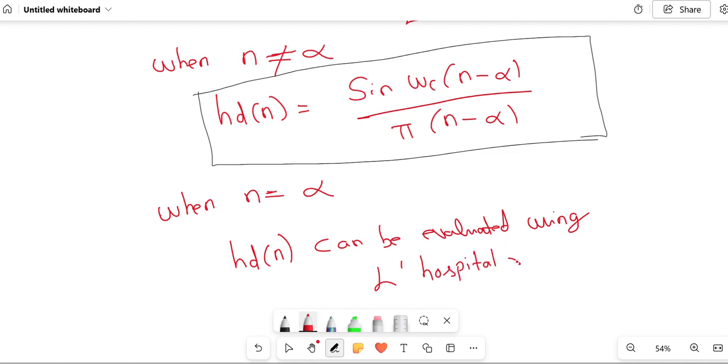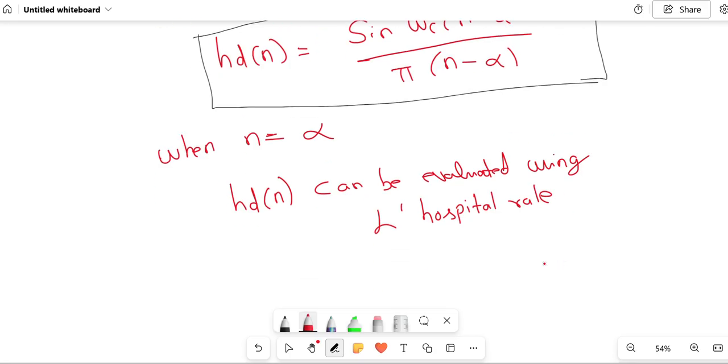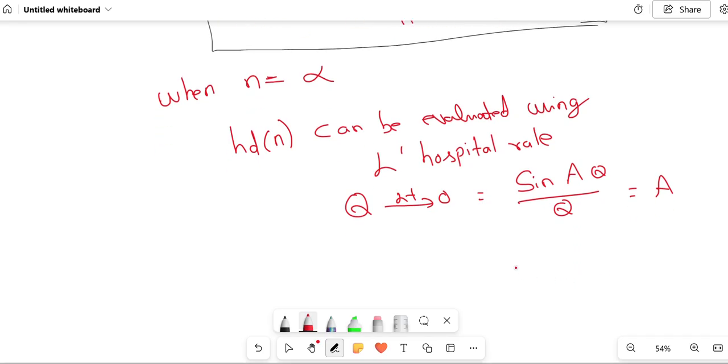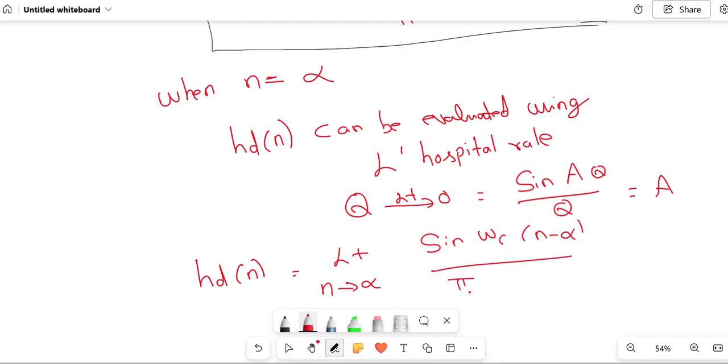What is L'Hospital's rule? That is, limit theta tends to 0 of sin a theta by theta is equal to a. Okay, this is L'Hospital's rule. You apply this and find hd of n for n equal to alpha, limit n tends to alpha, of sin omega c of n minus alpha divided by pi of n minus alpha.